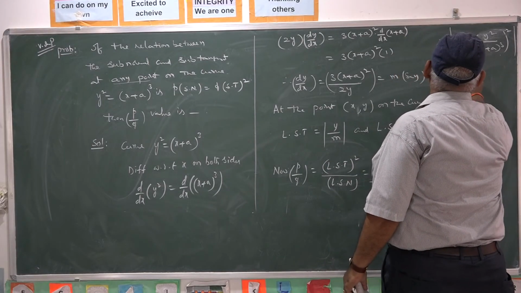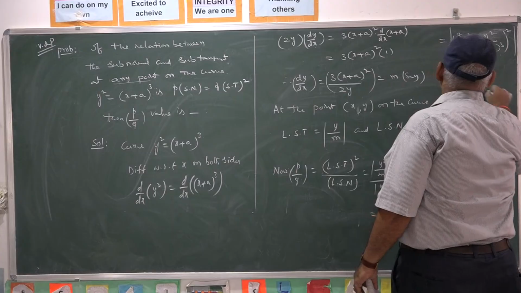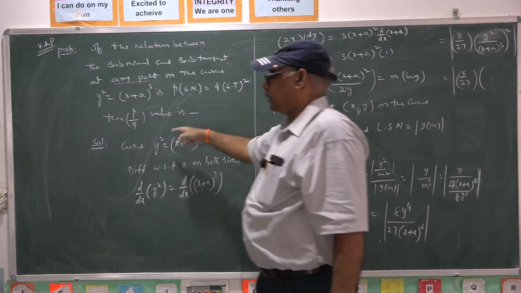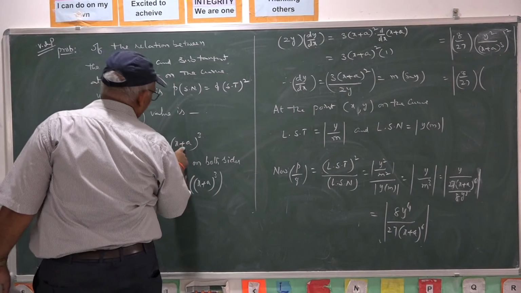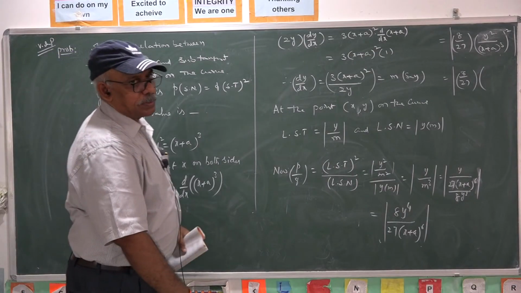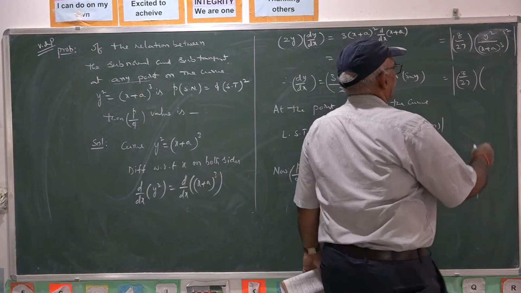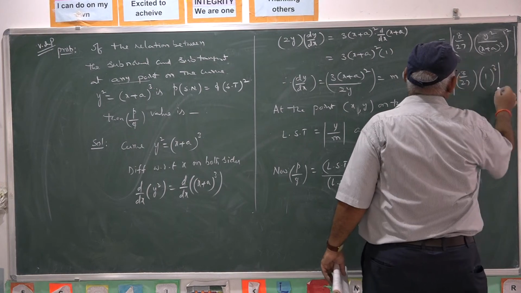So that is 8 by 27 into, since x comma y satisfies the curve, y square by x plus a whole cube is 1. This is 1 cube.